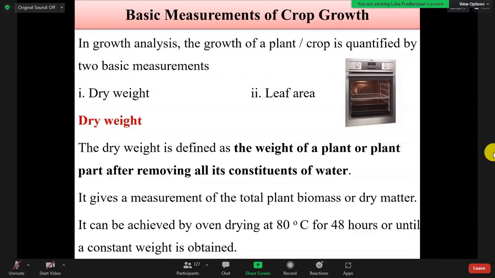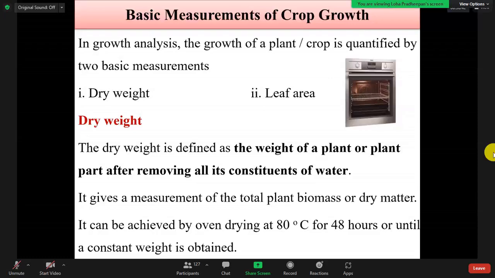So mainly two basic measurements are taken to quantify the growth of the plant. The first parameter is dry weight and the other parameter is leaf area. These two are commonly used to measure the growth of the plant in growth analysis.